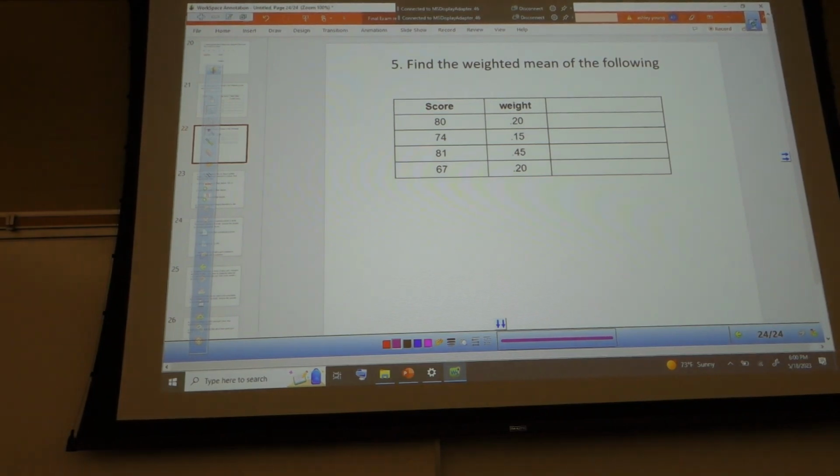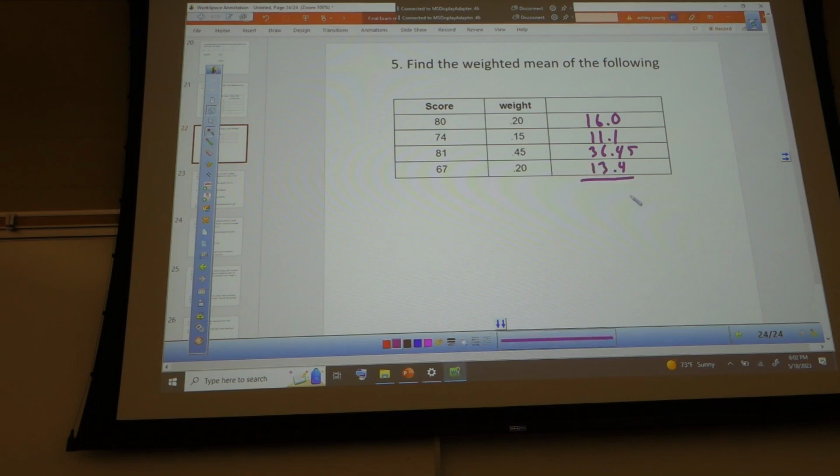I'll give you folks a couple minutes for this one. Take a look. So again, I'm going to multiply every score by its weight. So I'll get 16, I'll get 11.1, 36.45, and 13.4, 32.4.